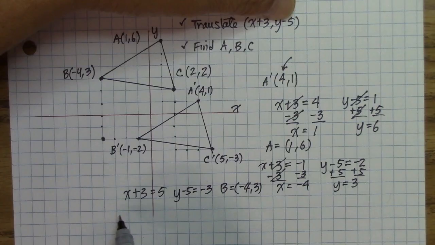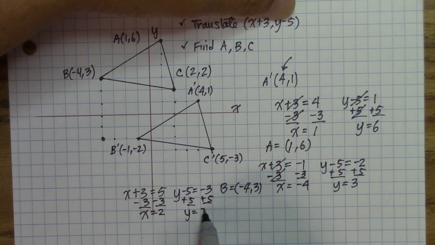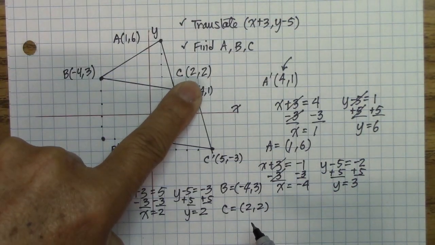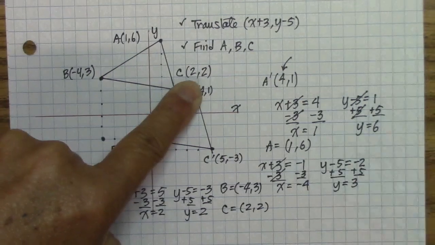And this is for C. So we got minus 3, x is equal to 2, plus 5, y is equal to positive 2. So C, the original location, should have been 2 and 2. Ta-da! Enjoy.